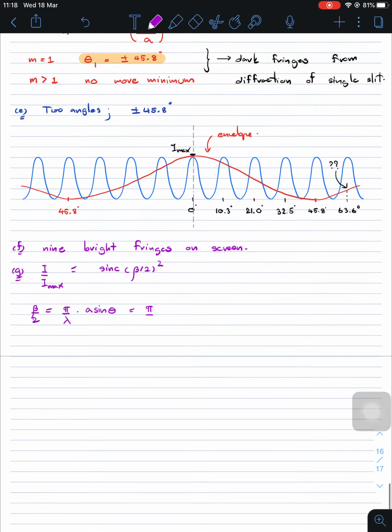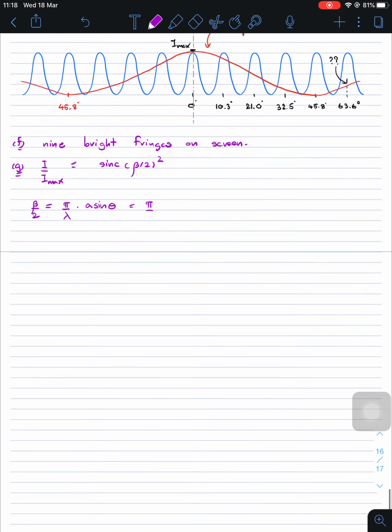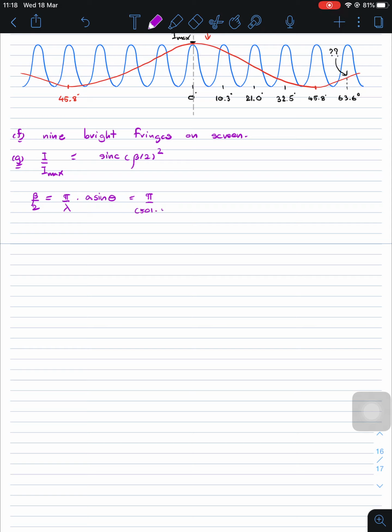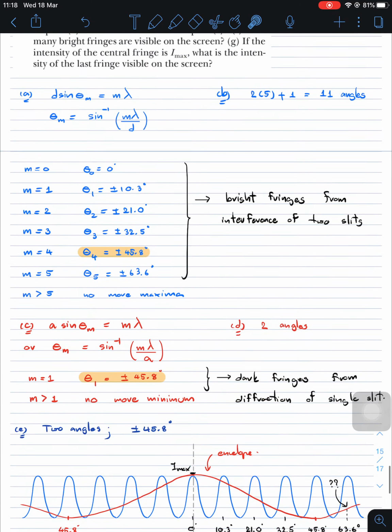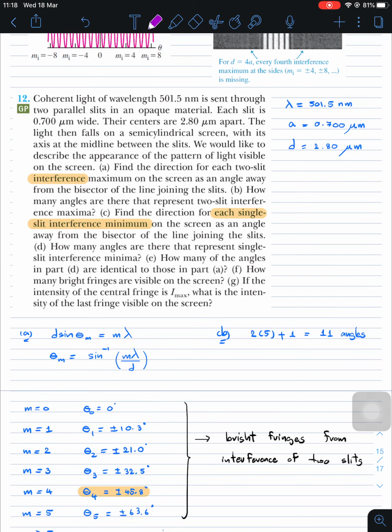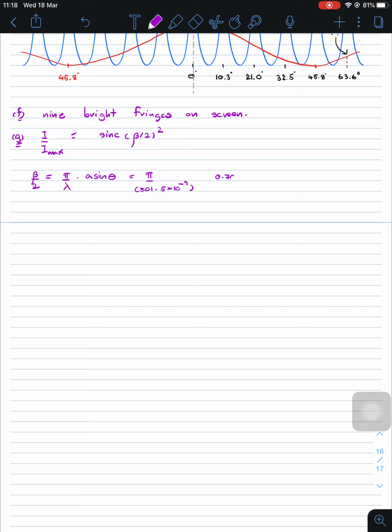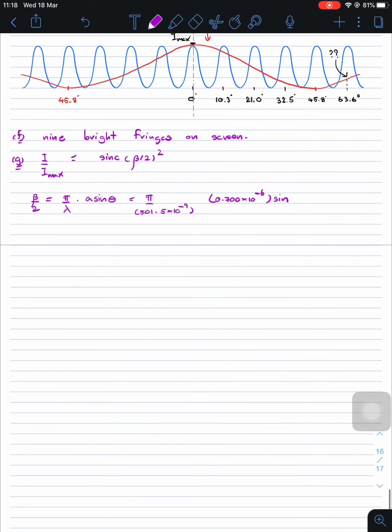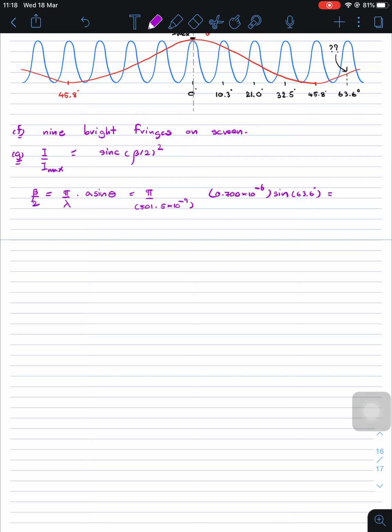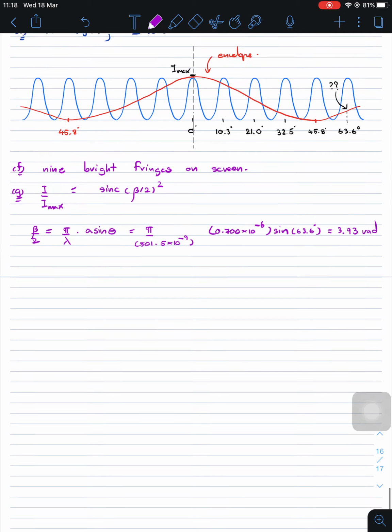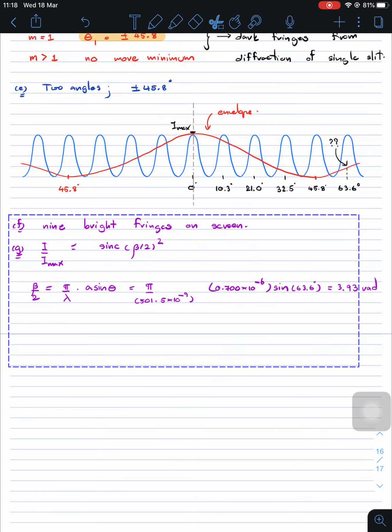Lambda is 501.5 nanometers, that is 501.5 times 10 to the negative 9, and a is 0.70 micrometer, times the sine of 63.6 degrees. So beta over 2 is equal to 3.93 radians. Don't forget that it must have the unit of radians here.